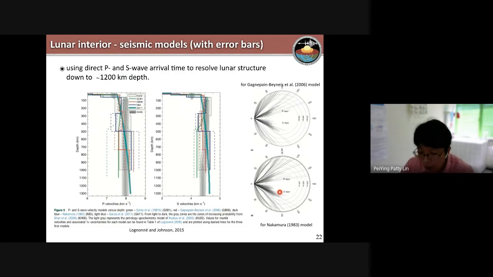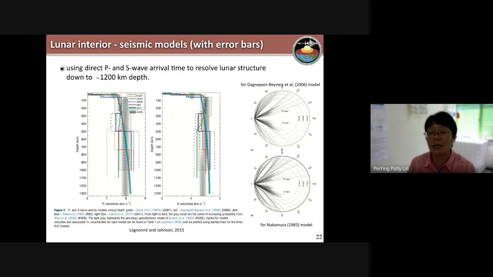As you can see, the velocity models are slightly different, and the ray paths actually travel differently. So that means we might not be able to constrain lots of details on the Moon, but scientists would like to treasure this data set to study the first big picture, the simple structure.